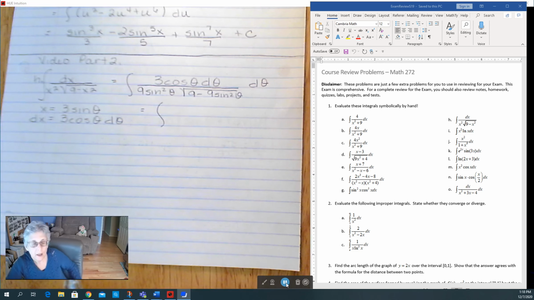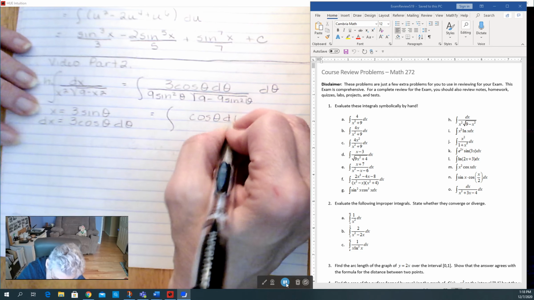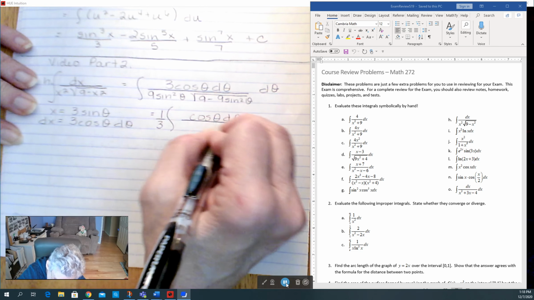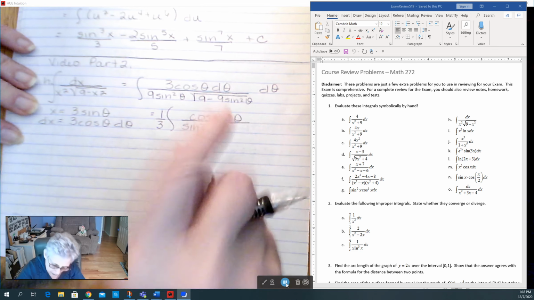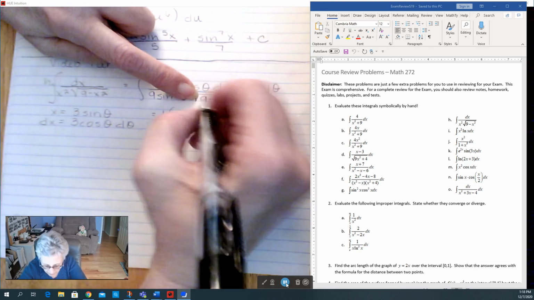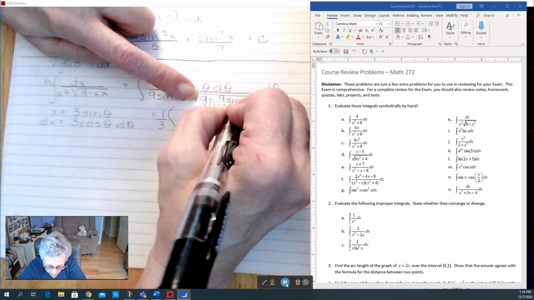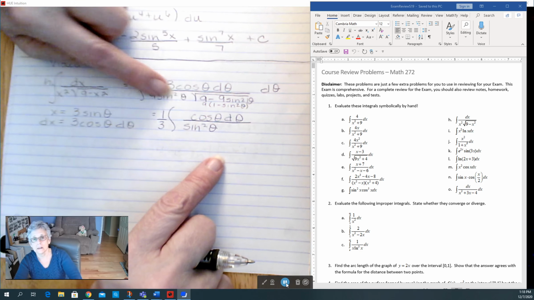So I have 3 sitting on top and 9 sitting down below. So I'll rewrite this as cosine theta d theta, and I'll put a 1/3 out front. I still have sine squared theta down below. This is the same thing as 9 times 1 minus sine squared, which is the same as 9 times cosine squared.